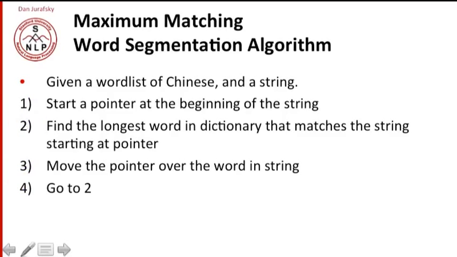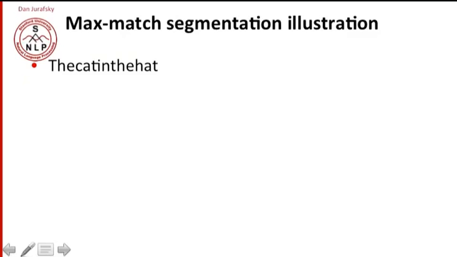I'm going to pick an English example that's easier to think about. Imagine English was written like Chinese with no spaces. We'd have a phrase like the cat in the hat all run together, and we have a dictionary that has words like the and cat. So we look at this and ask, what's the longest word in our dictionary that matches the beginning?